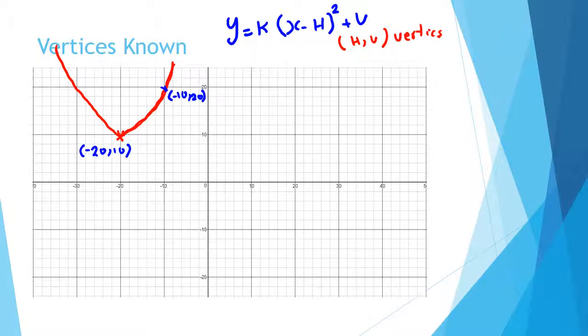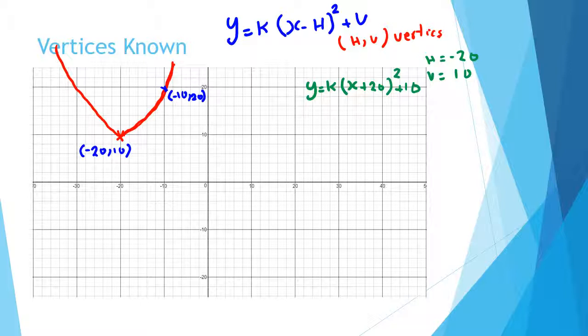From the vertex, you've got -20 and 10, so I would write y equals k, open bracket x, minus -20, negative, so it becomes plus 20, squared, plus 10. So the h value is -20, the v value is +10.